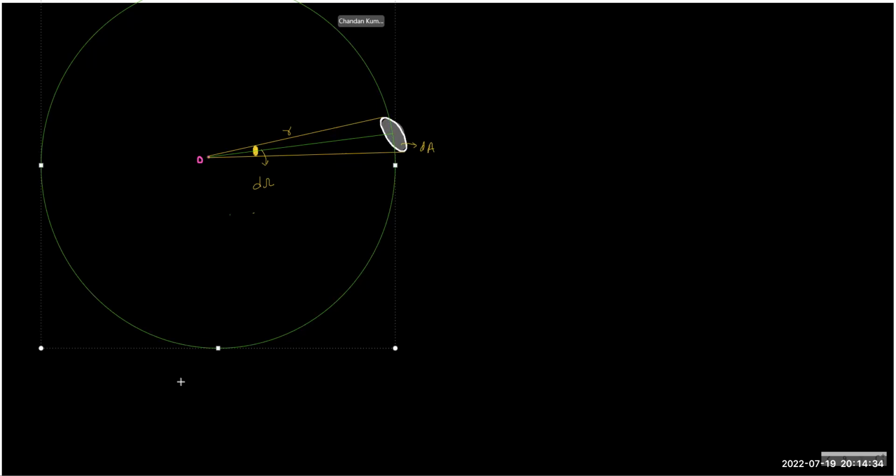Is it looking fine? So there must be some equivalent patch, or you can say the projection. If I extend this line, so this area, which is in color, so you can see there is a small projection of this area over this sphere.